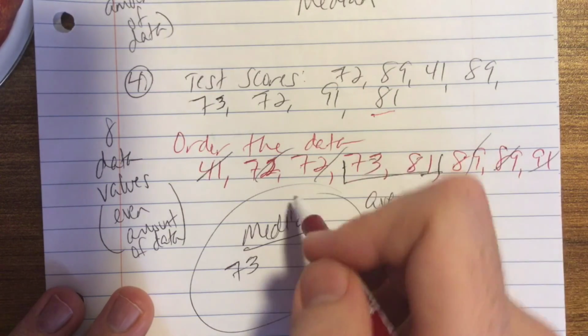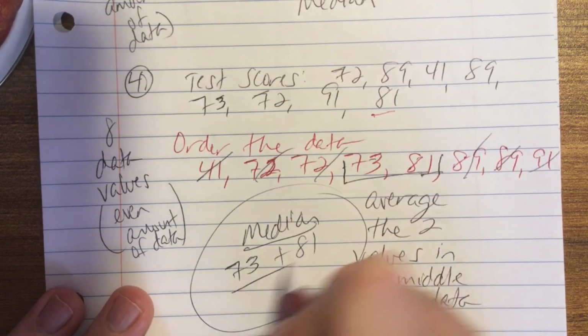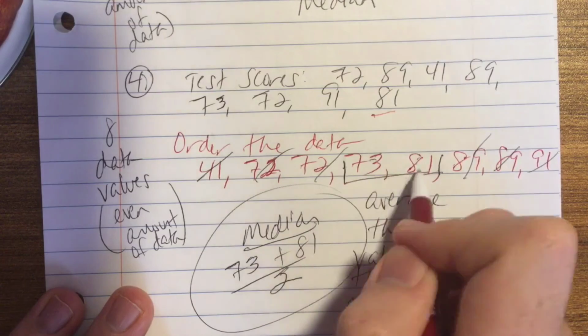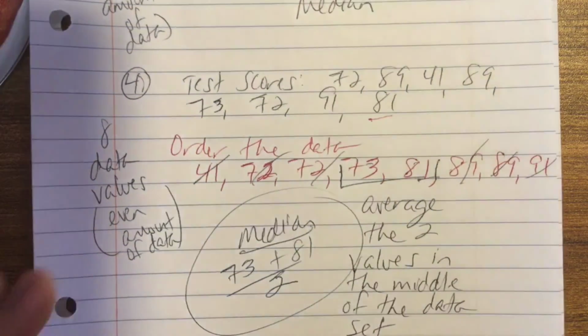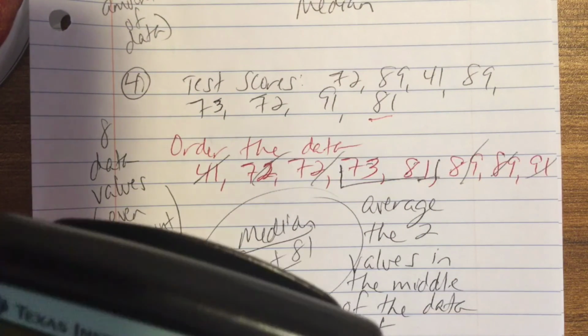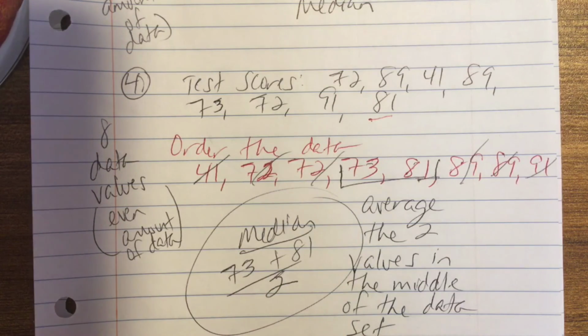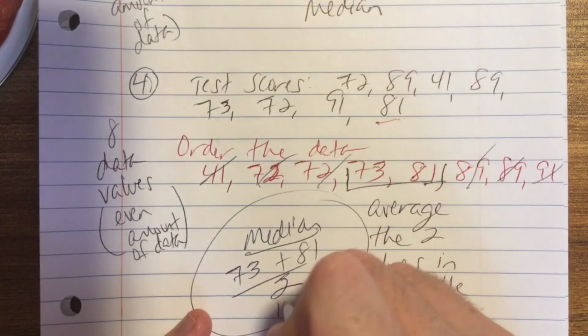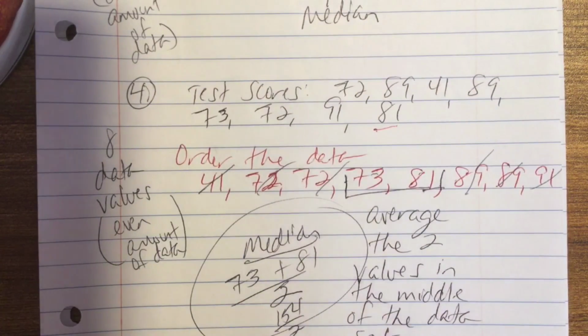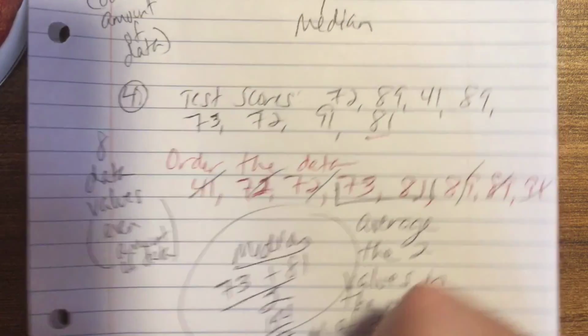So you're going to have to take the 73, add it to the 81, and then cut that in half since there's two of the values in the middle. 73 plus 81 is going to be 154. Cut that in half. 77 is your median.